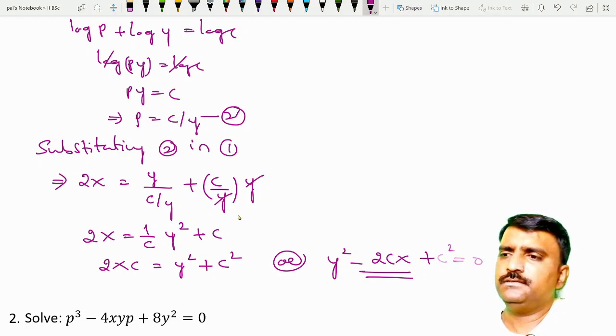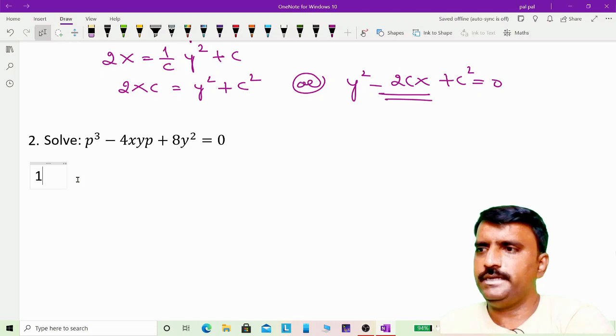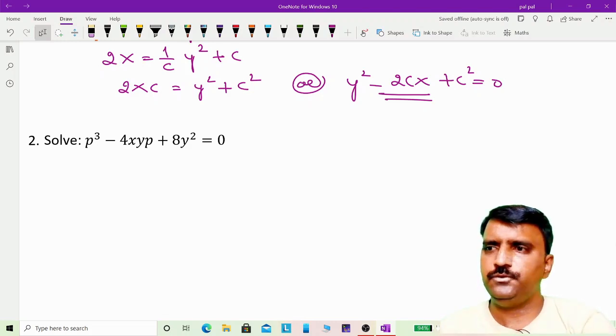So again, see one more problem of the same type. Take the second example, p cube minus 4xyp plus 8y square is equal to 0. So this is also solvable for x.